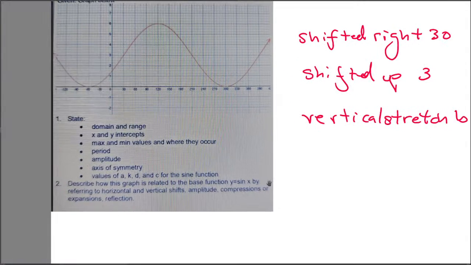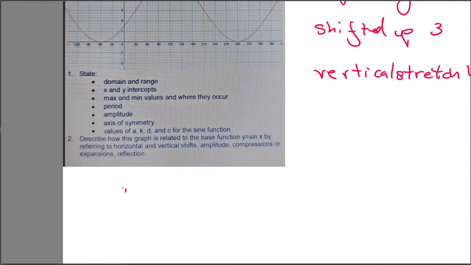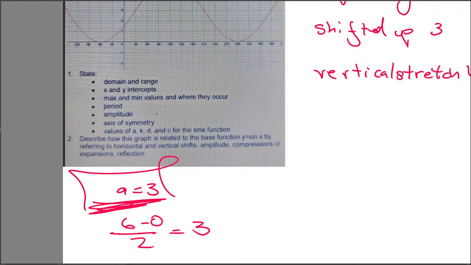oh, I'm sorry. I told you the wrong thing. A is equal to 3. Let me check myself here. So we have to do 6 minus 0 divided by 2. Yeah. A is equal to 3 in this first one. Hold on, I want to think this through.